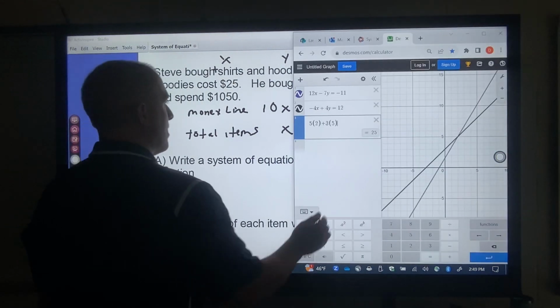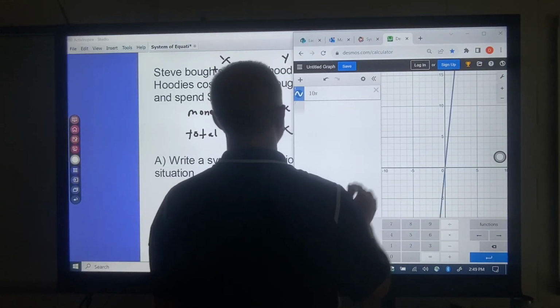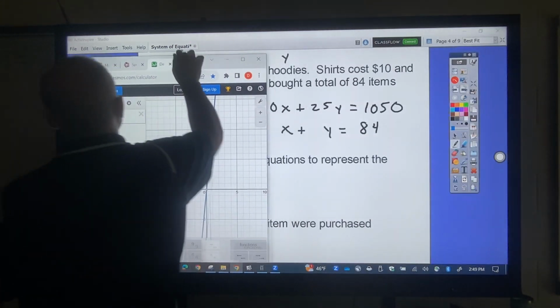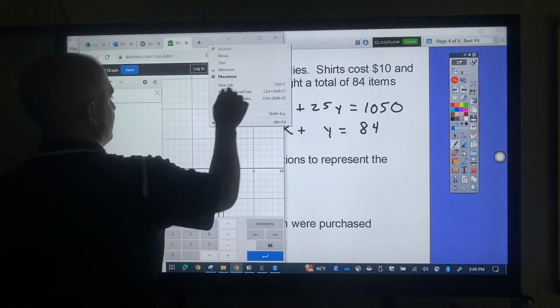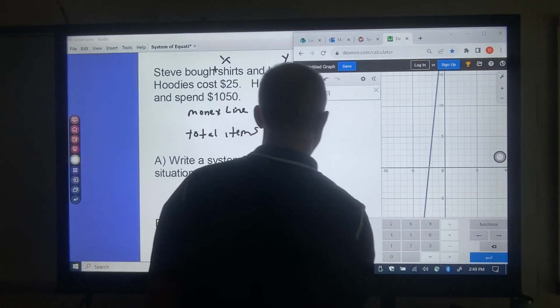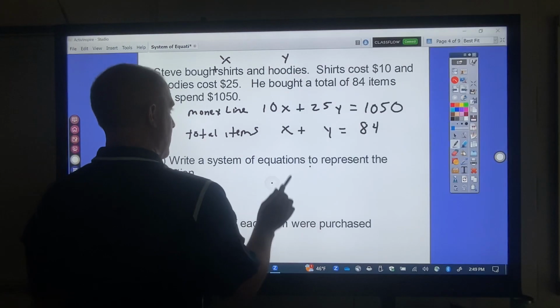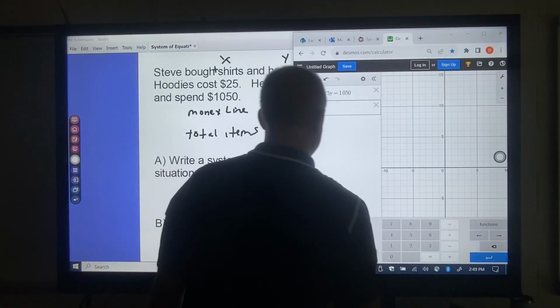So 10x plus 25y equals 1,050. And then x plus y equals 84.